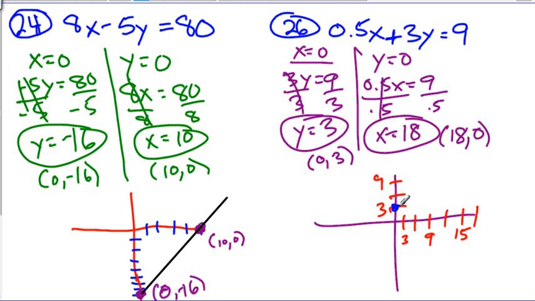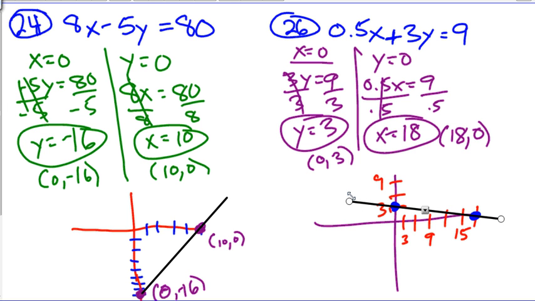So I have 0, 3 is right here. 18, 0, that's way over here. And then let's connect these. Let me fix that line. There we go. That's better.